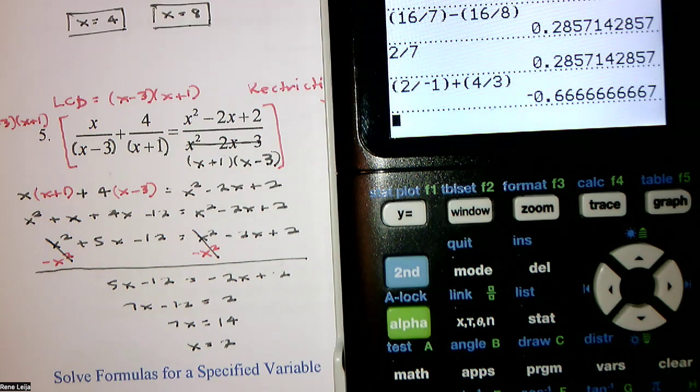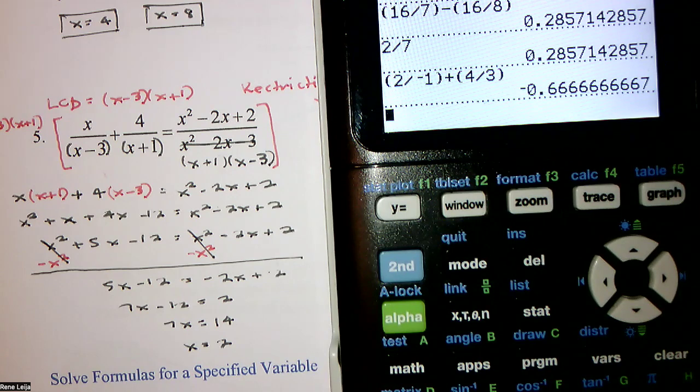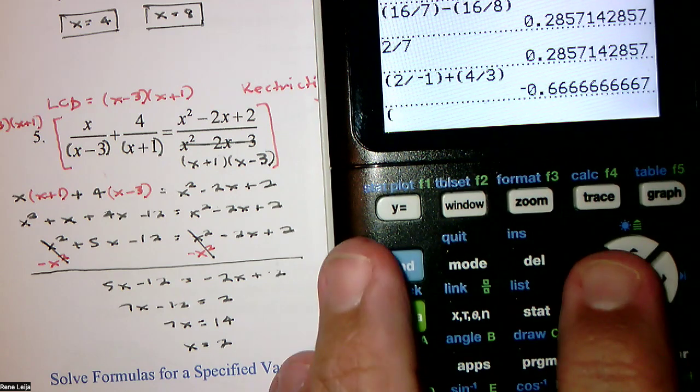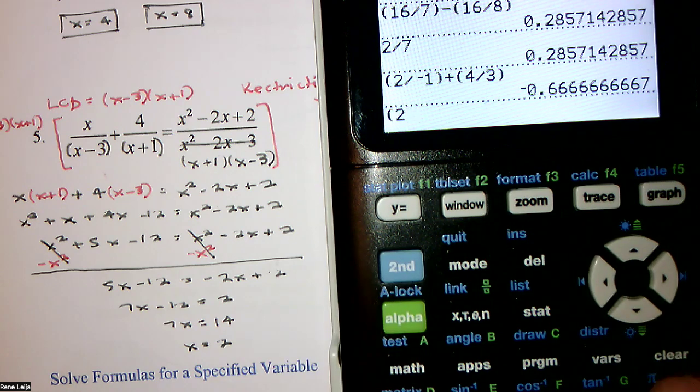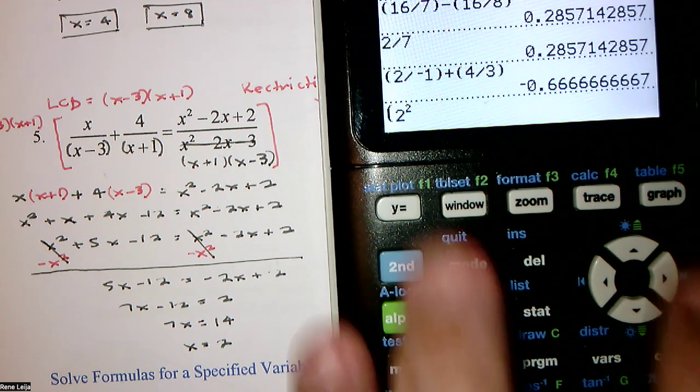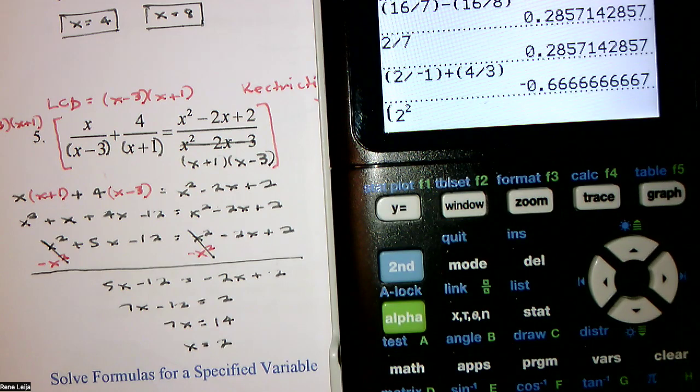Okay. So now I'm going to do the top. Now we got to be careful here. So we're going to open my parentheses. So 2 squared minus 2 times 2 plus 2. Then I'm going to close my parentheses. Then I'm going to divide that, open my parentheses.